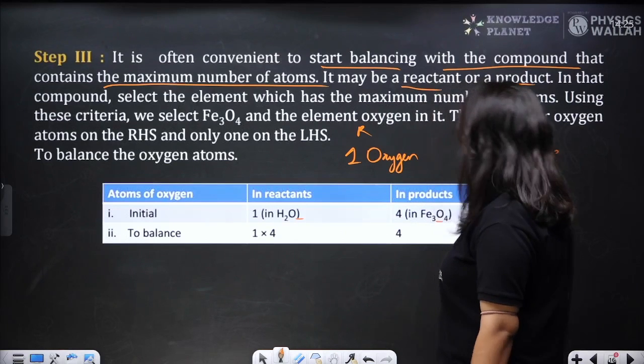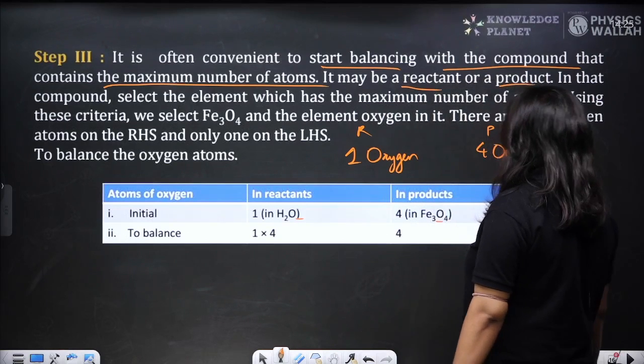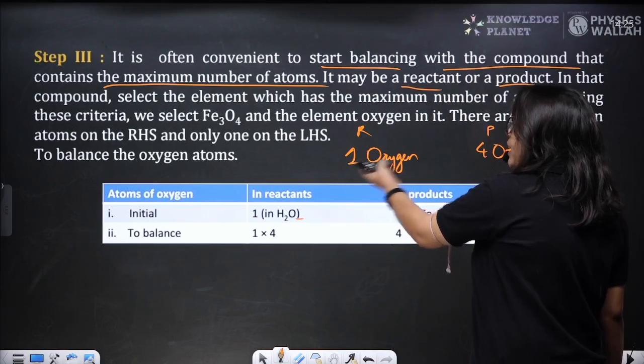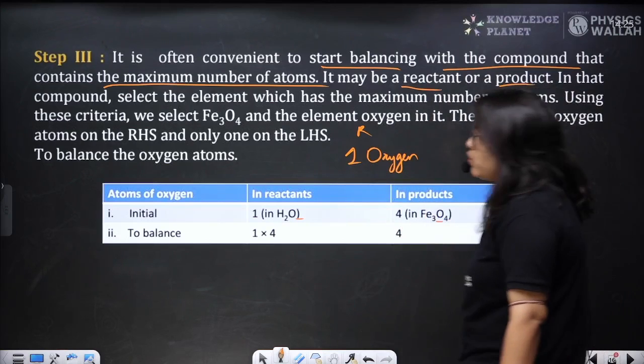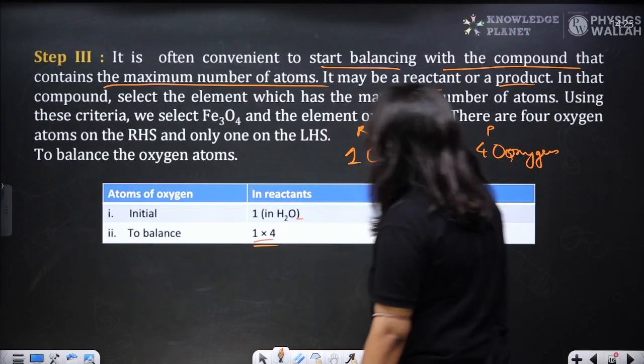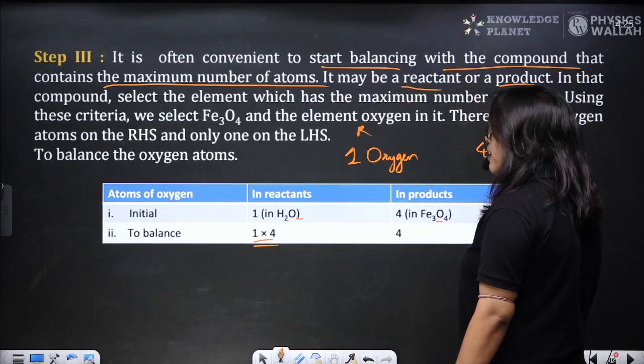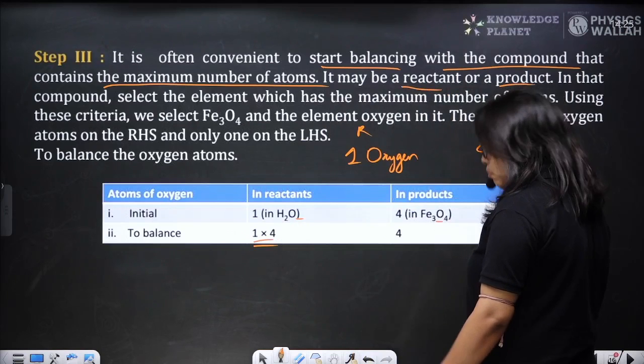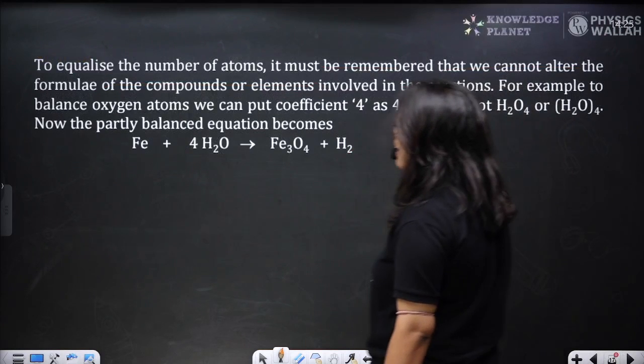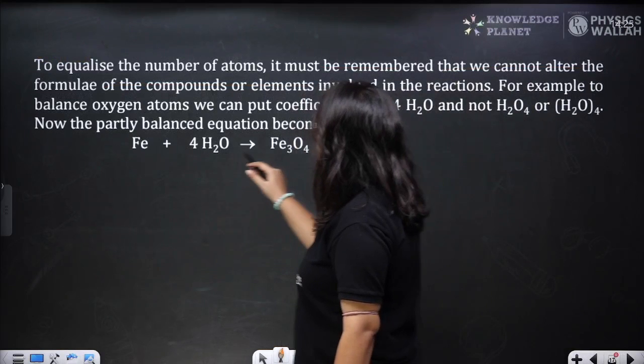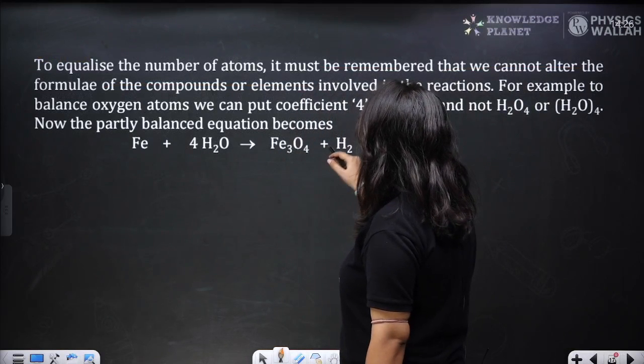How do I make it equal? By multiplication. It is easier for me to make 1 equal to 4 by simple multiplication. So 1 into 4 is what I do, and as a result, I get Fe plus 4H2O gives Fe3O4 plus H2.